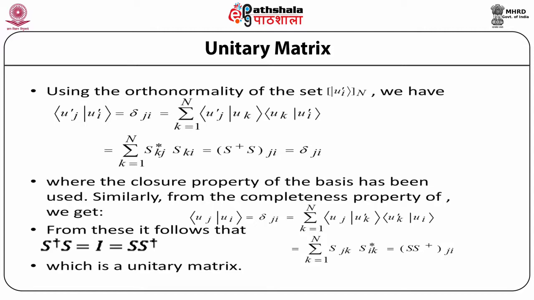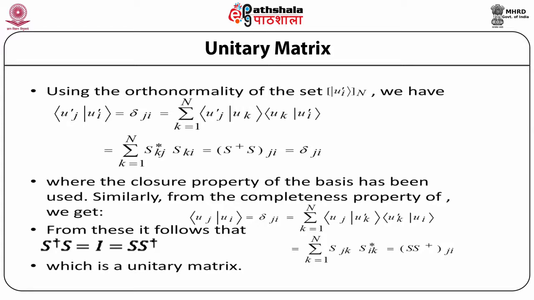Also, s_kj star represents the complex conjugate of the expansion coefficients s_kj, and s dagger represents the adjoint of the operator S. Now, here we have also used the closure property of the basis.